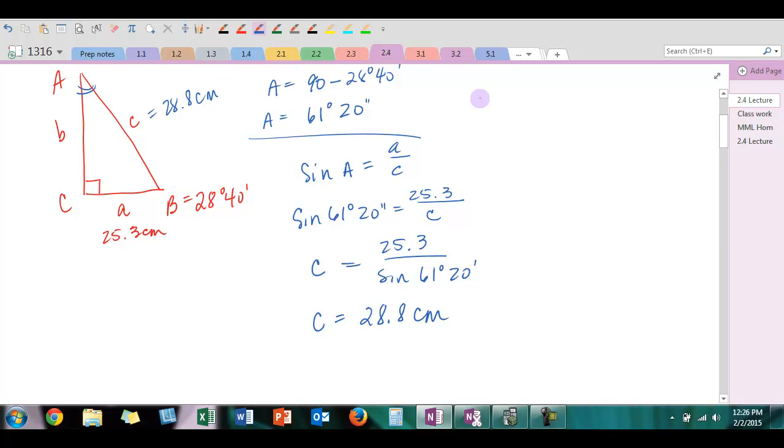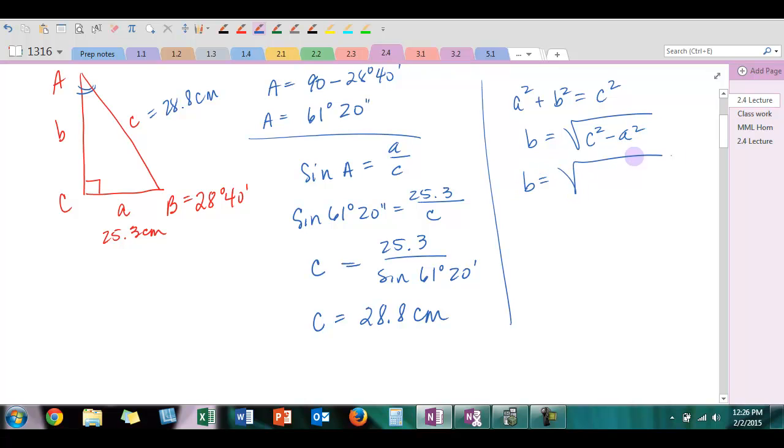And now I can use Pythagorean's theorem. Remember, Pythagorean's theorem was a squared plus b squared is equal to c squared. And if I'm solving for side B, I can rearrange this to look like the square root of c squared minus a squared. Plug in my values and let the calculator do the rest. So c was 28.8 squared minus a, which is 25.3 squared.